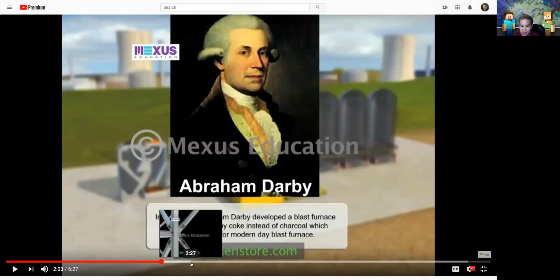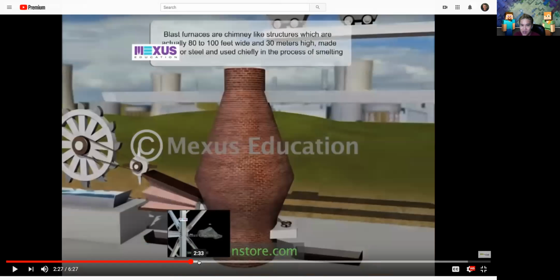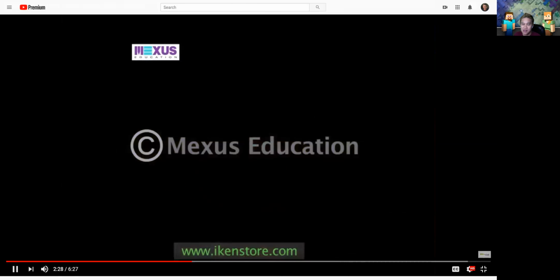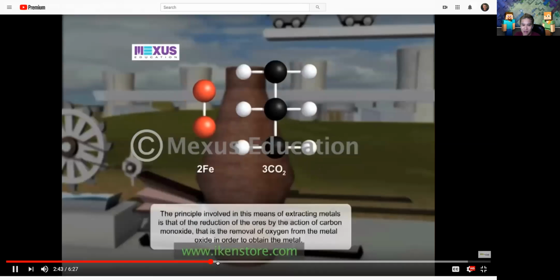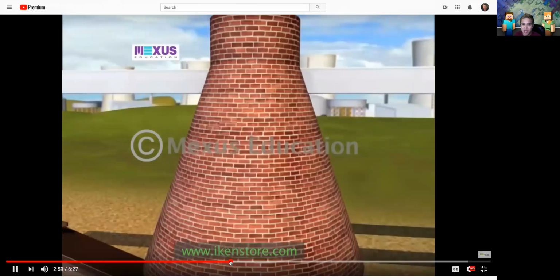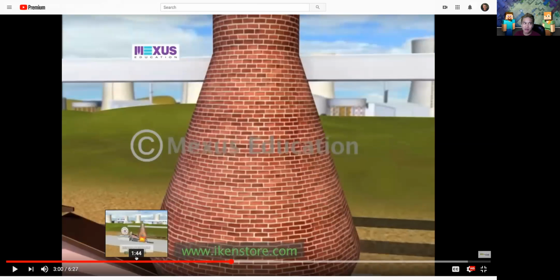So they use the metal ores here and heat the metal ores. It's smelting the iron using this blast furnace.